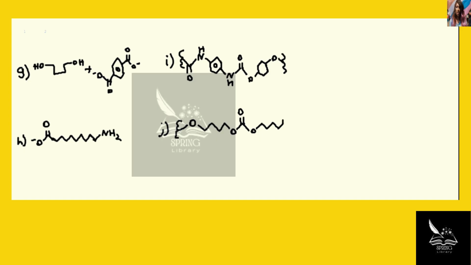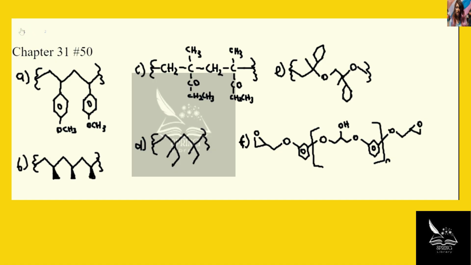So there we go. There's 2 subunits of our polymer. Again, it's a polycarbonate linked by carbonates. J is the last part of this problem. And so taken together, this is the answer to chapter 31, problem number 50.